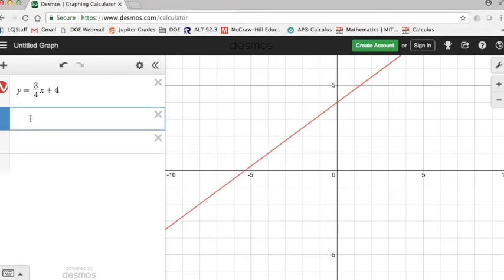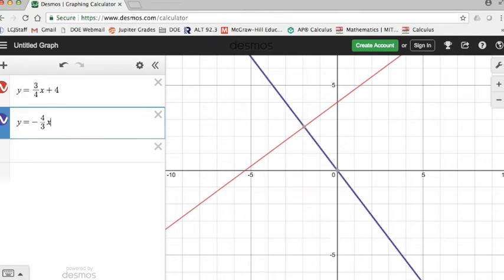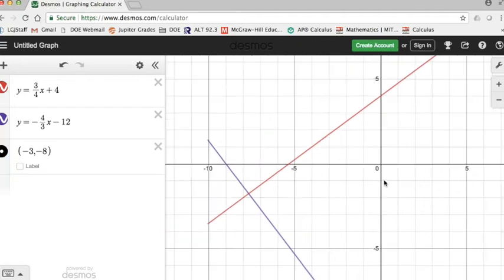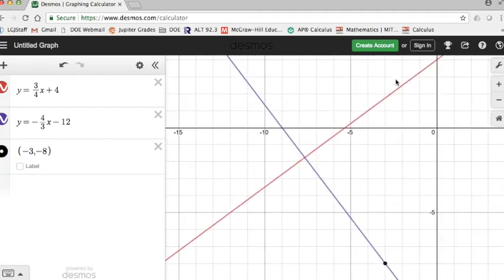So we know that we got y is equal to -4/3 x minus 12. And we know that it has to go through the point -3, -8. Well, I might have to move Desmos around a little bit, but that's okay. This is our original line. This is our new line. Notice they meet at a right angle. And here's our point, -3, -8. The new line goes through the point and perpendicular to the original. Easy check. So those were our two examples.